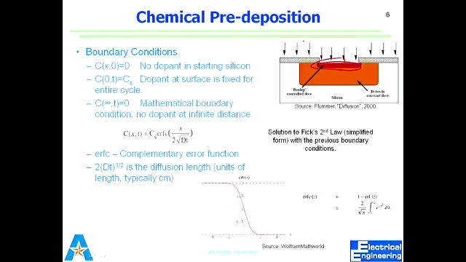Of course these are just boundaries, no dopant at the start. CS is, for the entire cycle, the amount of dopant that's available, and at infinite distance the concentration goes to 0. So this is an error function that defines the concentration of the dopant after this pre-deposition step.